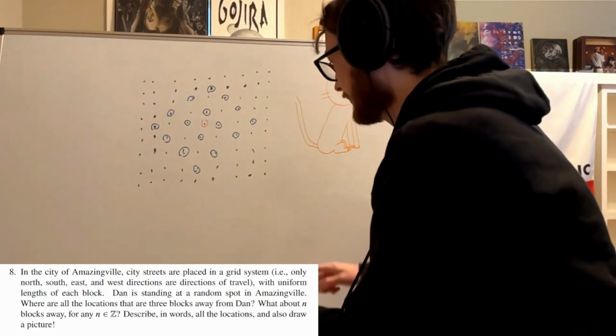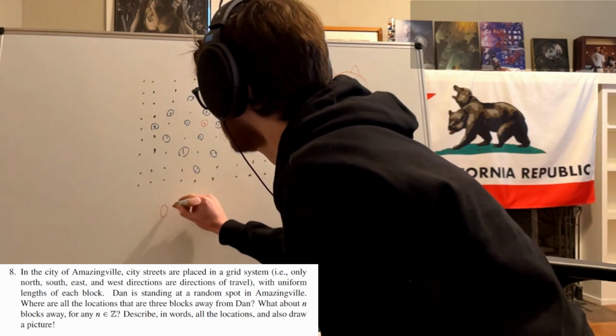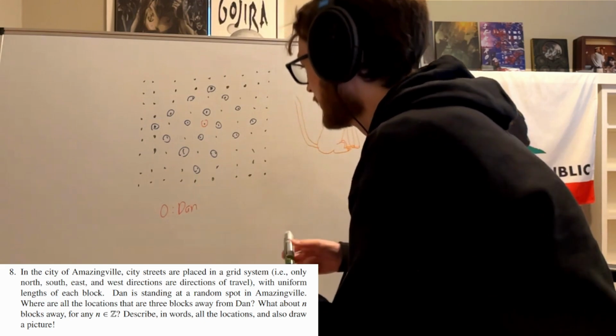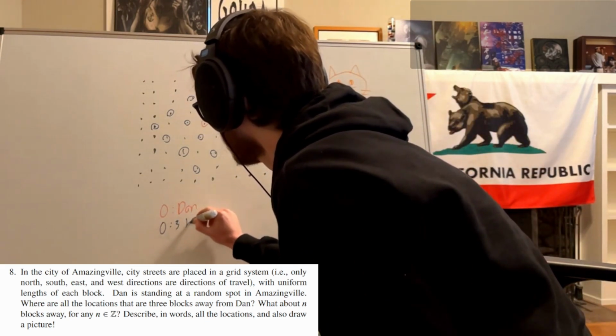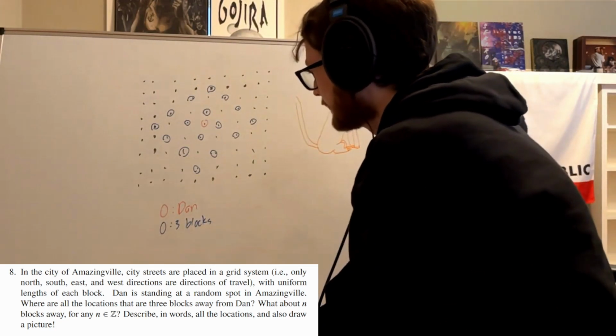Let's make a little key here too. Red is Dan. Blue is 3 blocks. And we'll say green is 4 blocks.